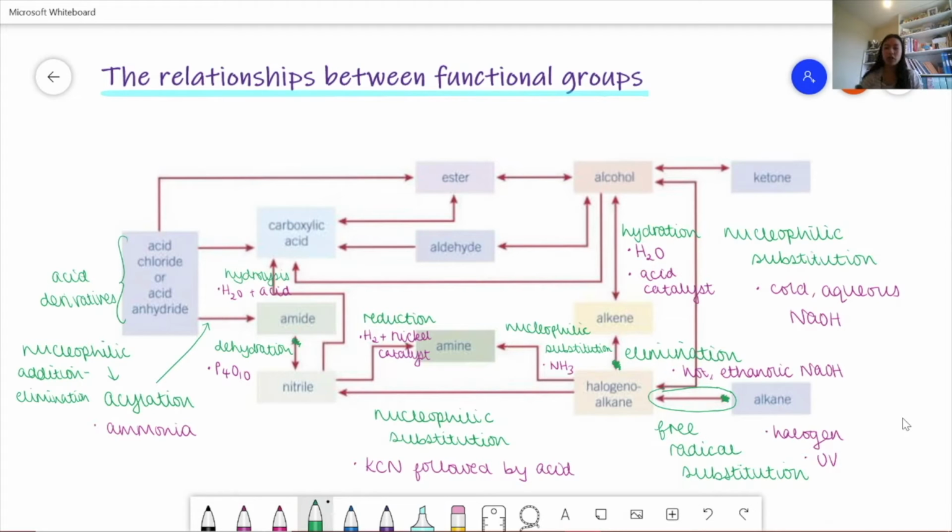And so this is also an acylation reaction. But this time our reagent is water. And then to form an ester, we also have an acylation reaction. But this time our reagent is a primary alcohol.